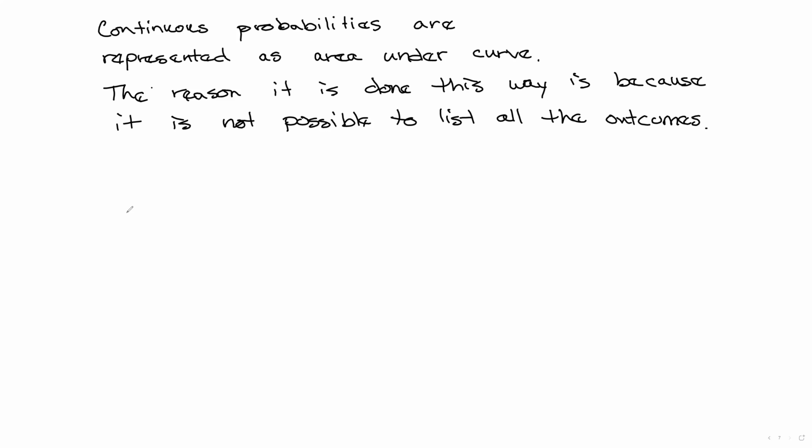And by having a range of outcomes, we can find out how much space that range takes up out of the total amount of space between 120 and 180 pounds. And that's going to be the idea of the area under the curve.